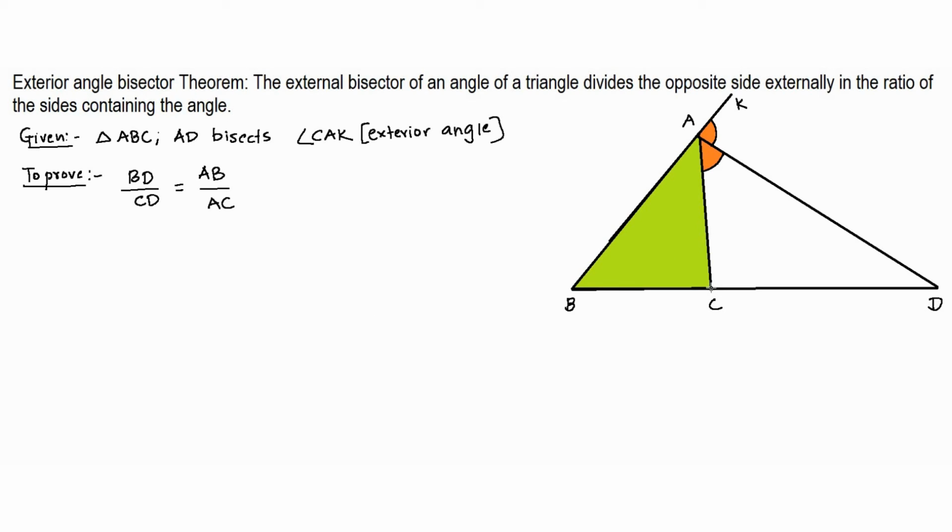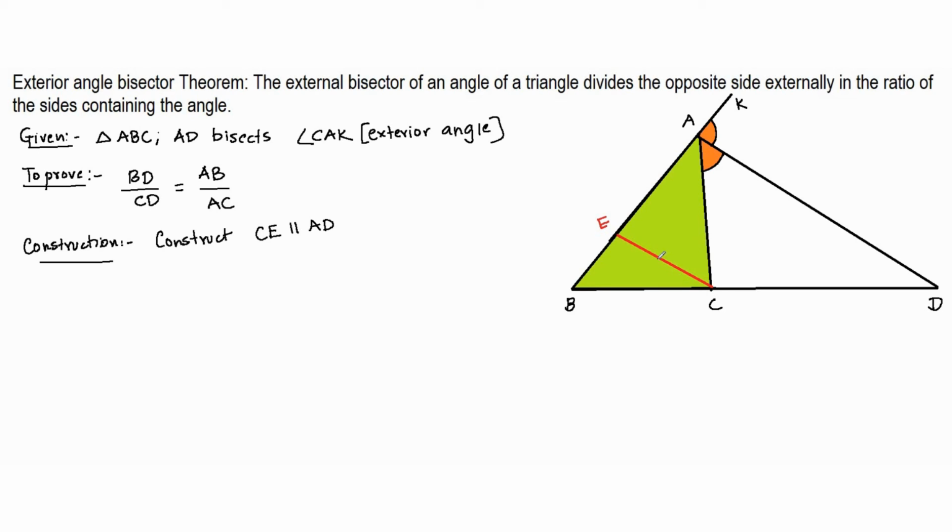Okay, so let us draw a line which is parallel to AD passing through the point C. Let's consider that this is point E, and my construction is: construct AE, construct CE that is parallel to AD.